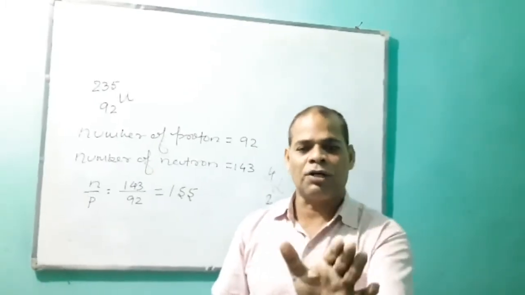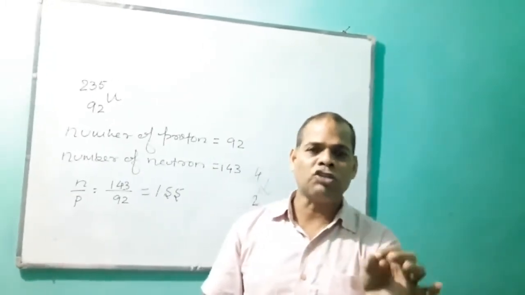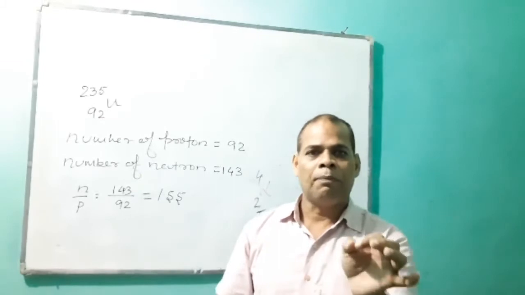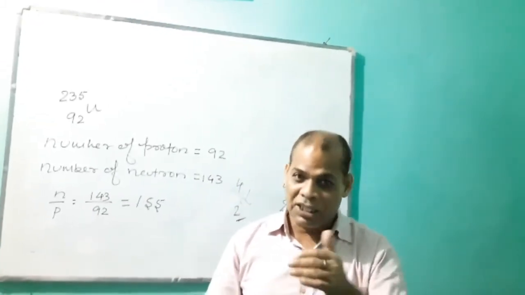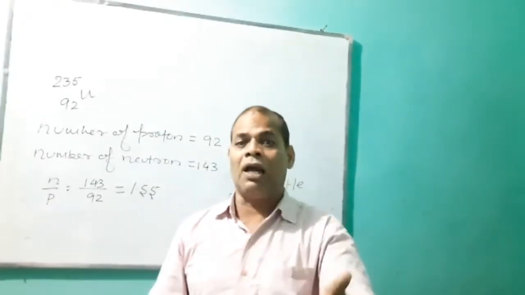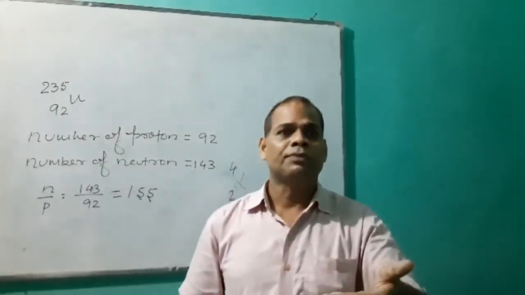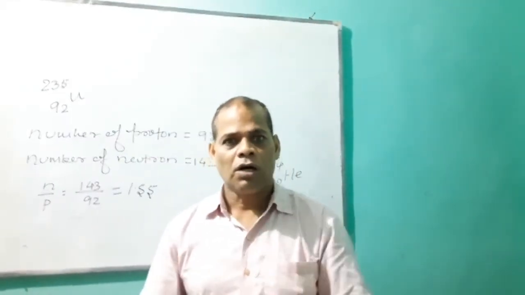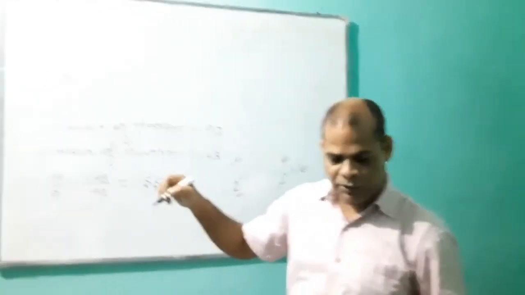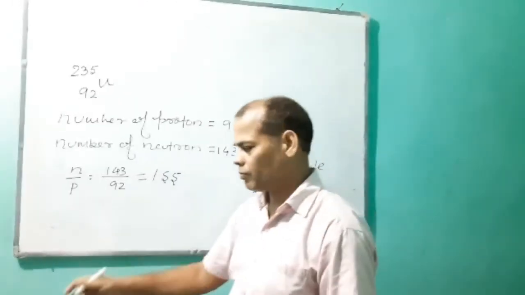Because of the presence of a positively charged part in an atom, it would deflect the alpha particle to some extent. Now we will see that with the help of the picture.